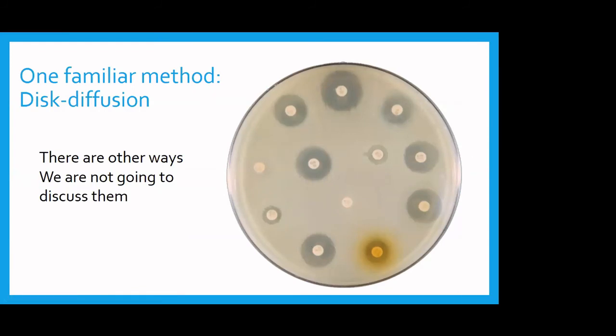There are probably better and faster ways to test for it in a medical laboratory than to take the pathogen that's causing disease, plate it, and then wait for it to grow. That takes a few days. So faster results are usually better. But if you really want to know what antibiotic best treats this specific bug, you'd look for the biggest zone of inhibition around the discs.